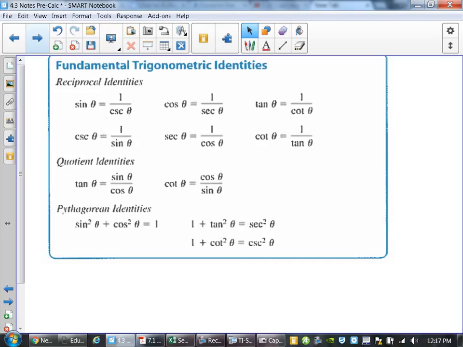And then cosecant is the inverse. It's 1 over sine. Secant, 1 over cosine. And cotangent, 1 over tangent. Tangent is sine over cosine, and therefore cotangent is cosine over sine.